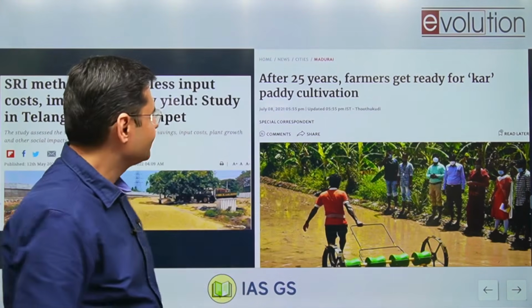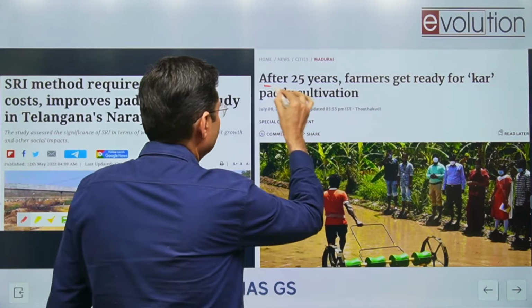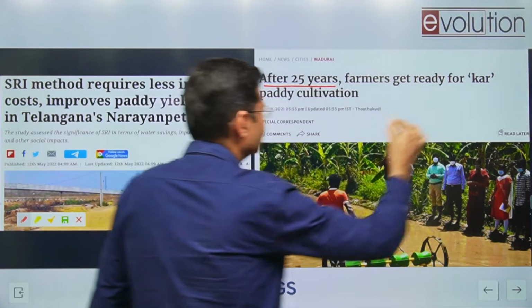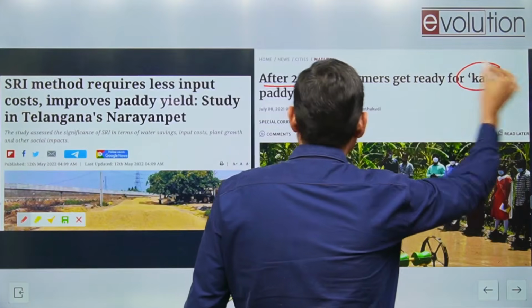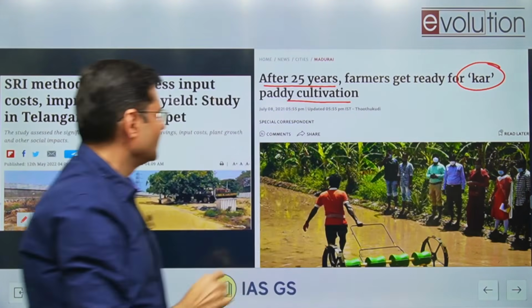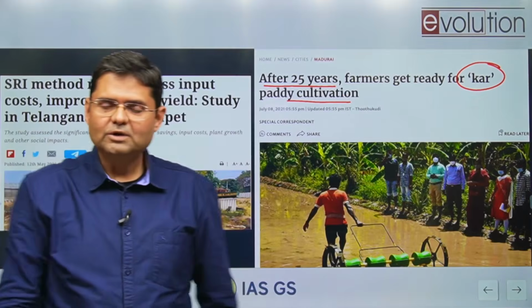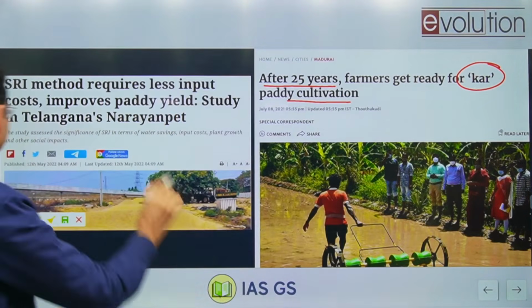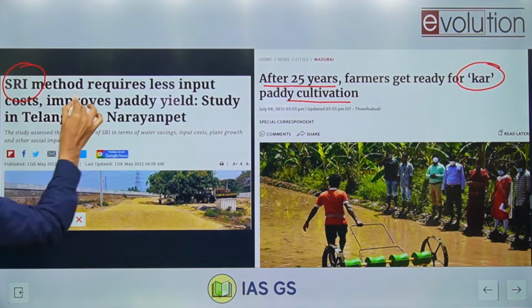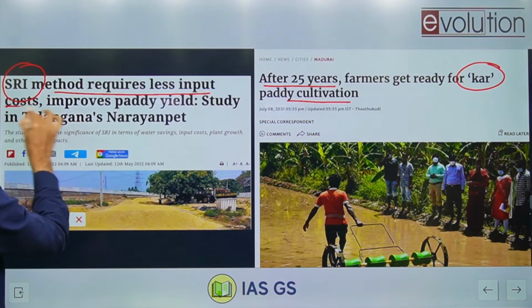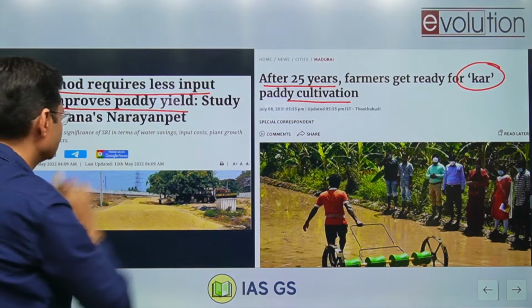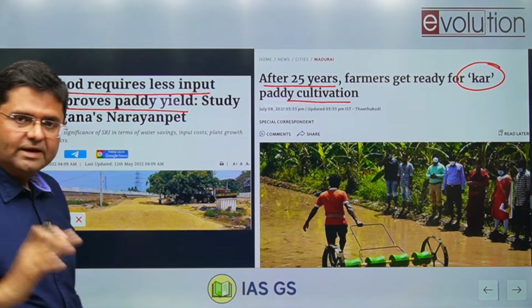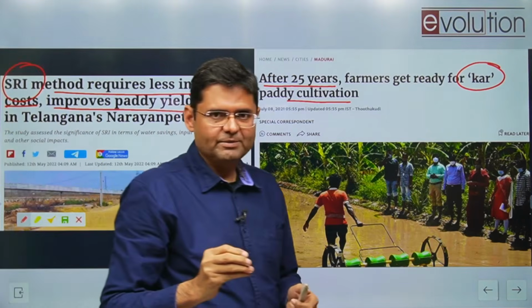that after 20 years, the farmers got ready for kar paddy cultivation. July of 2021. Around that time, the SRI method requires less input cost, improves paddy yield, right? So this was gaining traction in the newspaper.